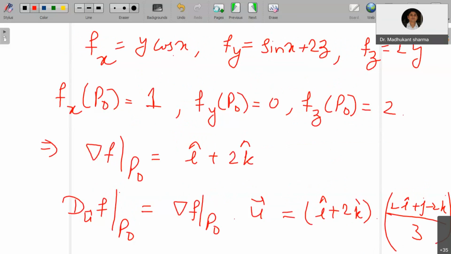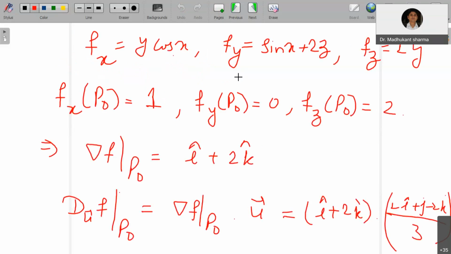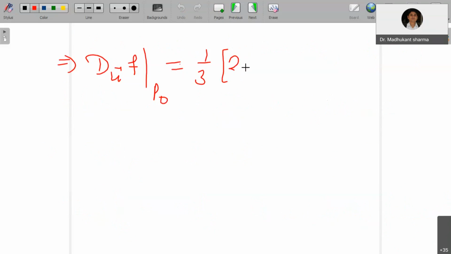Now you can take this dot product. So the directional derivative of f in the direction of u at P naught is equal to, 1 by 3 is out, so you have 2 minus 4, so that is going to be minus 2 by 3.